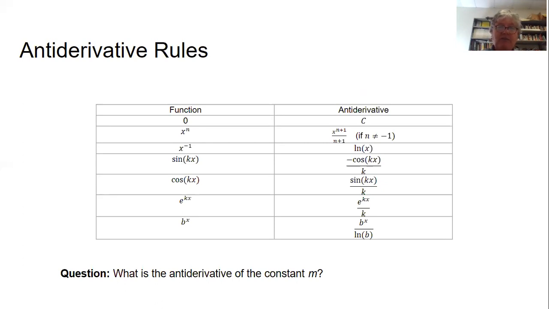So the antiderivative of sin(kx) is -cos(kx)/k. And we can just double check by taking the derivative and checking that we get back to sin(kx). And the antiderivative of cos(kx) is sin(kx)/k. And again, we can double check by taking the derivative of sin(kx)/k, and we get back cos(kx).